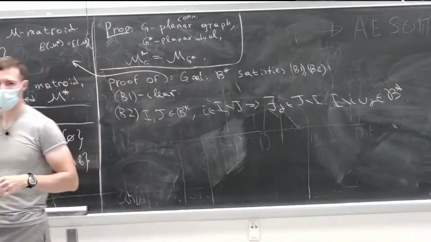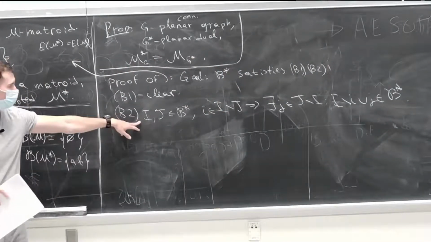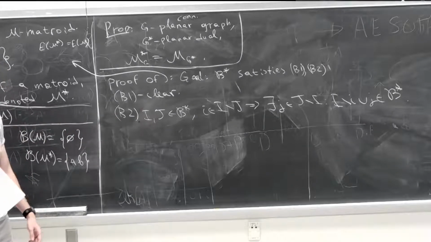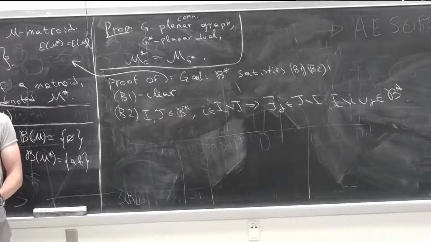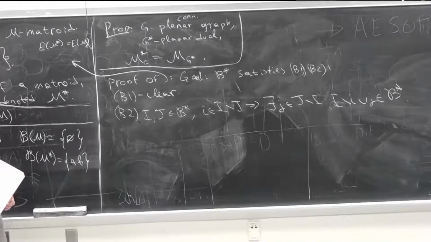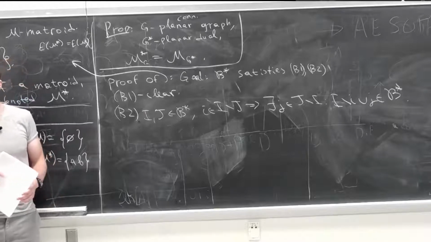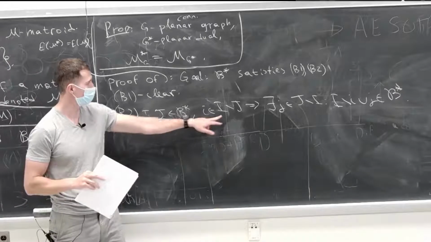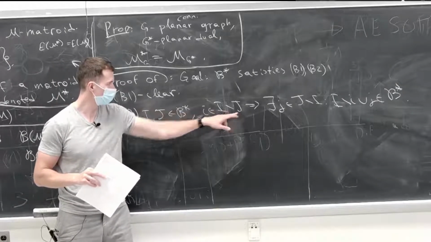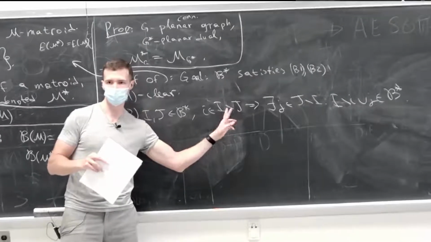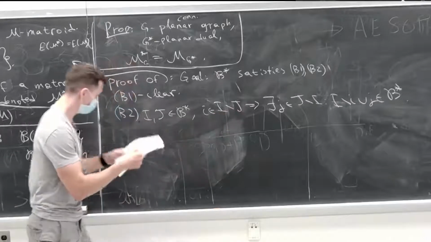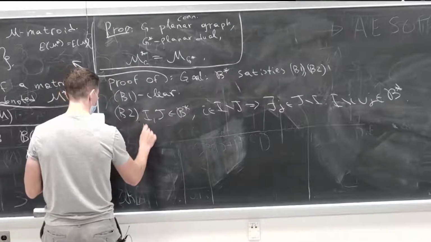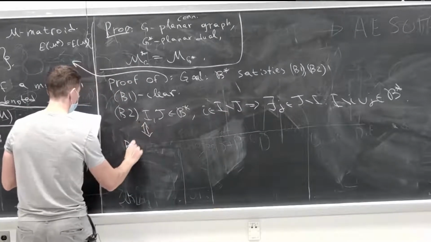And now I want to convert this into a statement about B. If I replace I with I complement and J with J complement, then these two are going to swap. Let me write down the dual statement.